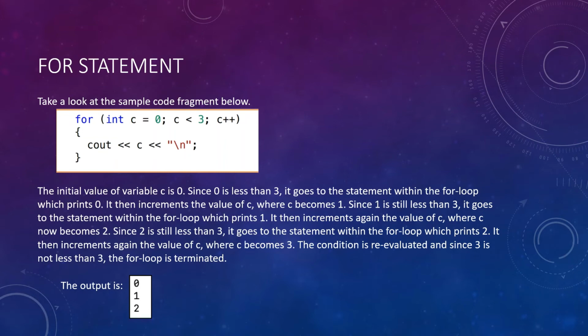It then increments again the value of c, where c now becomes 2. Since 2 is still less than 3, it goes to the statement within the for loop which prints 2. It then increments again the value of c, where c becomes 3. The condition is re-evaluated, and since 3 is not less than 3, the for loop is terminated.